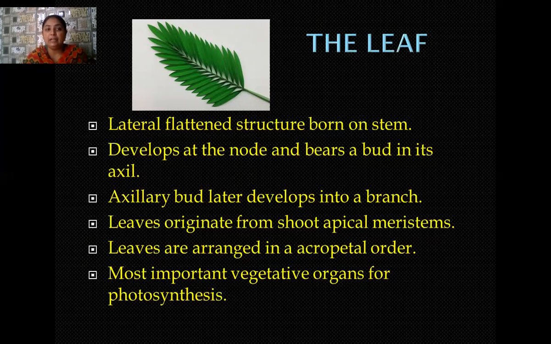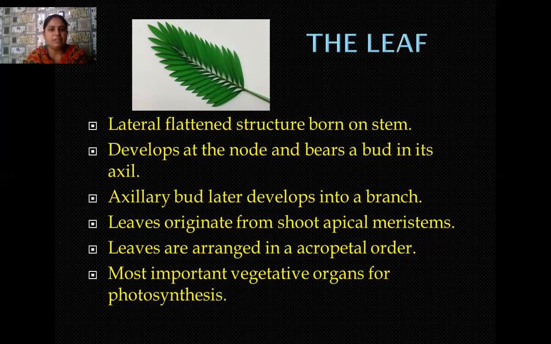As we know, in the nodal region of the stem or the branch a bud is present, which is known as the axillary bud. This axillary bud later develops into a branch, and on the branch again an axillary bud develops, and this later develops into the leaf.